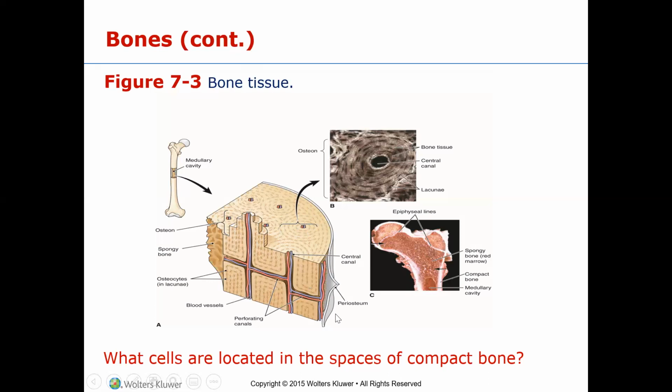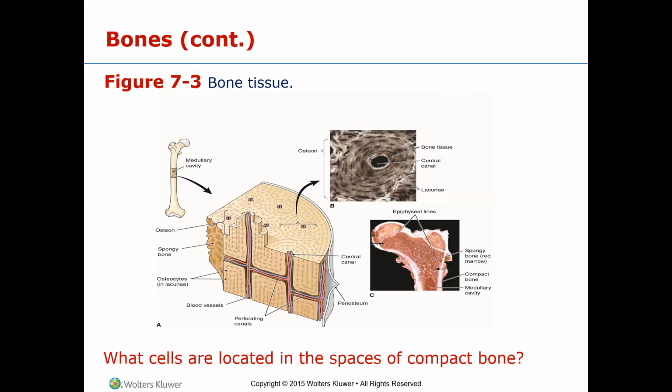So when you look at this, we have a full cross section of a long bone here. And each one of these is sometimes called a Haversian canal, where you have the artery and the vein within that. Sometimes they just call it the central canal.